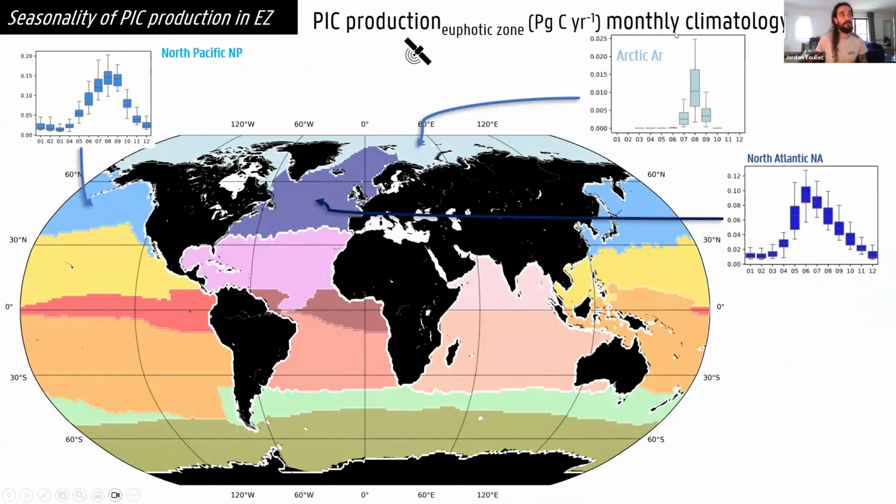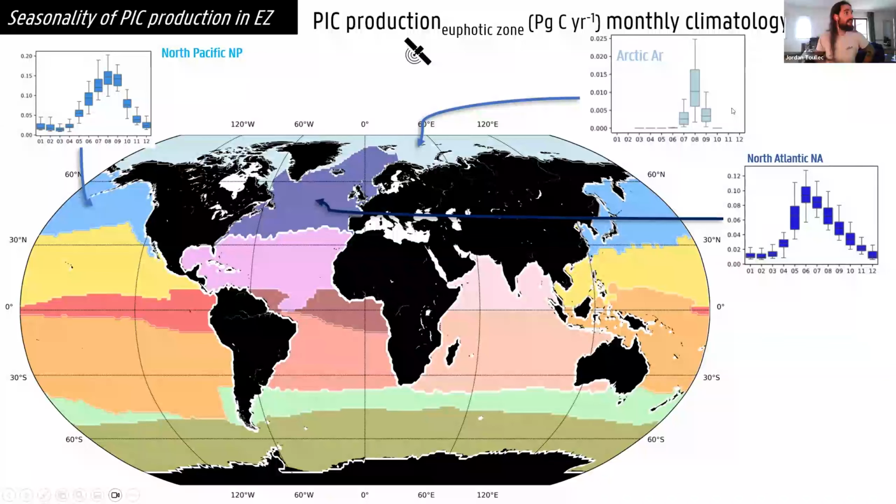I ran my model for 3 decades to get a global mean, median and interquartile range for the monthly climatology of PIC production. We can see, for example, in the Arctic, North Pacific and North Atlantic subarctic, a very nice seasonality, characterized by higher PIC production during spring and summer.